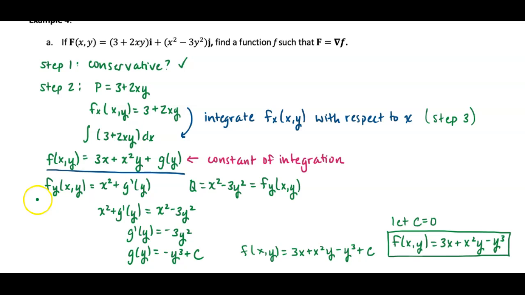And then step 4 was solving for this constant, g of y, by taking the partial derivative with respect to y. And finally, step 5 was just finding one of these potential functions by assigning a value to a constant. We're always just going to choose 0. So this is our procedure.